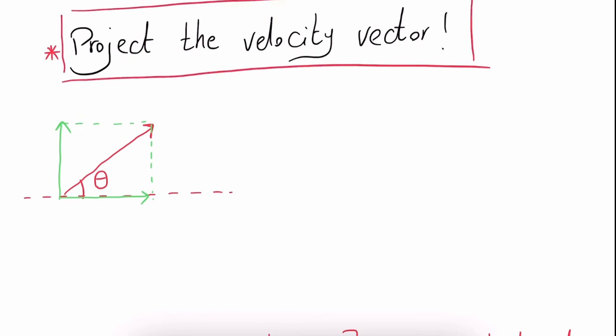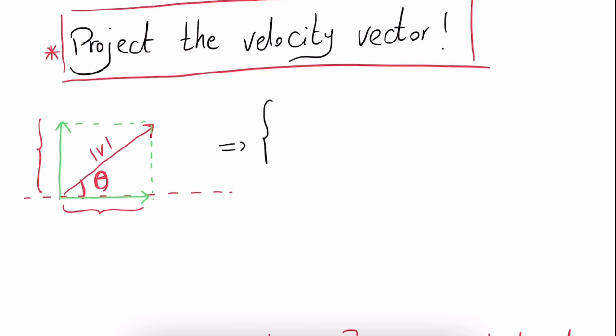We have to project the velocity vector into a horizontal vector and a vertical vector. But how do we do that? When given the initial velocity and the initial angle, we're actually faced with a velocity vector, which is the one in red here. If we show its magnitude this way, we can do the projecting using the following formulas.